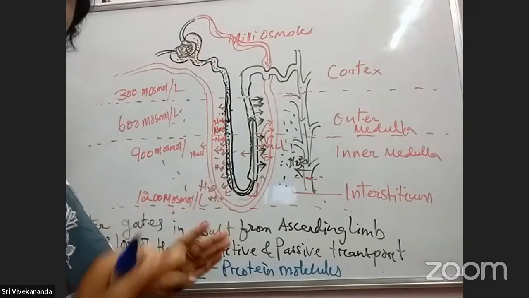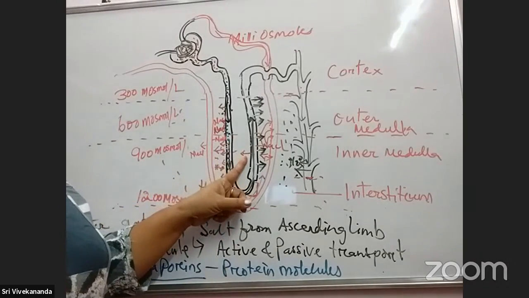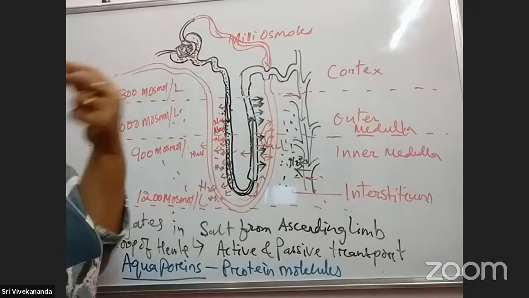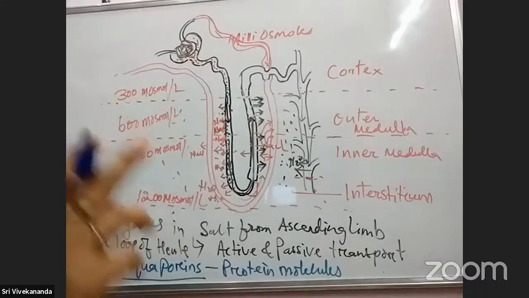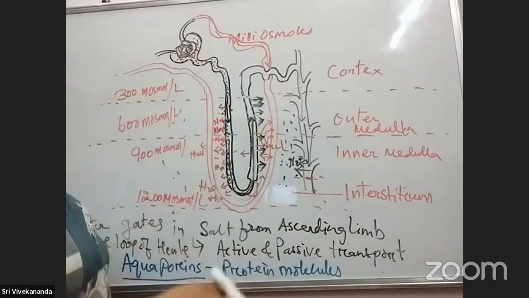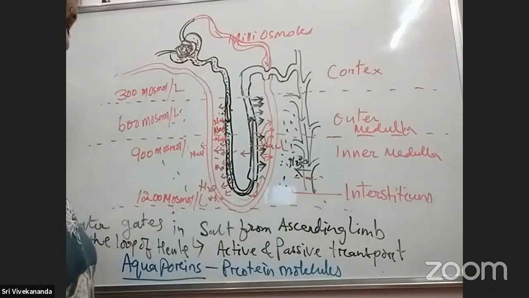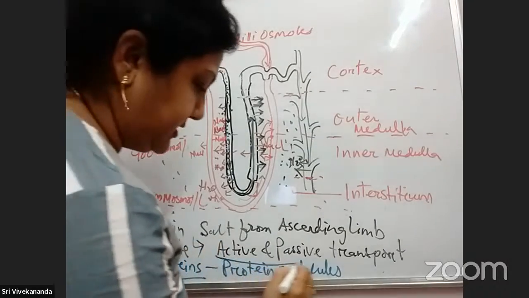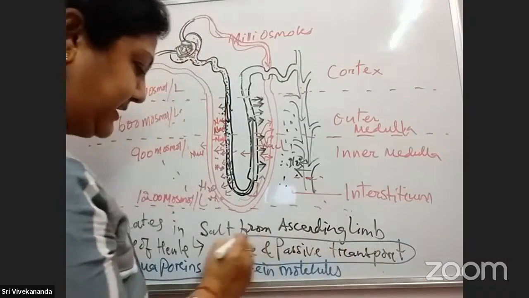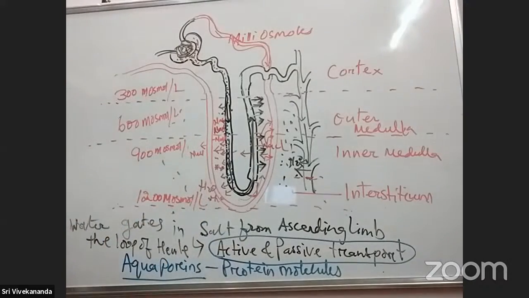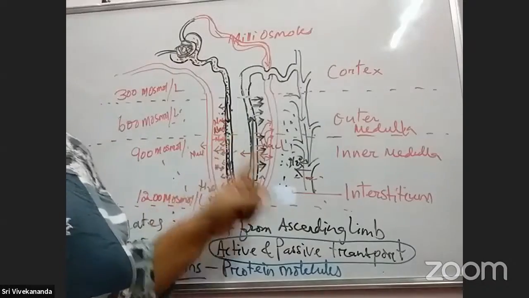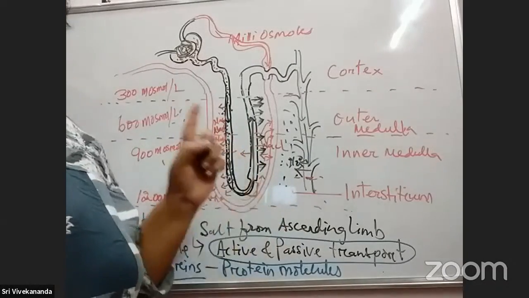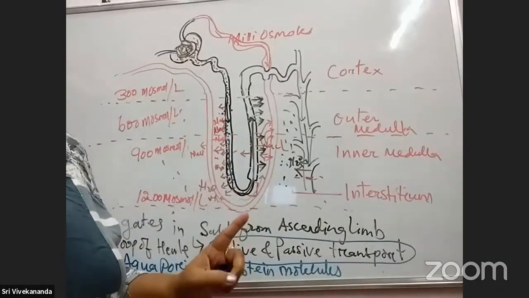So there is no water release from the ascending limb. Clear? They don't have a water release mechanism, but they have an electrolyte release mechanism. So both passive and active transport help in the removal of sodium chloride out of the ascending limb.